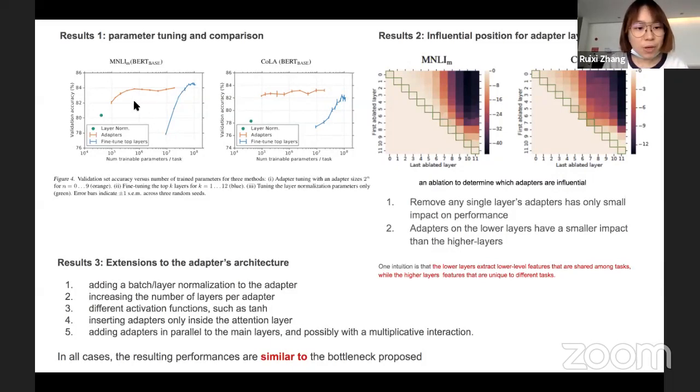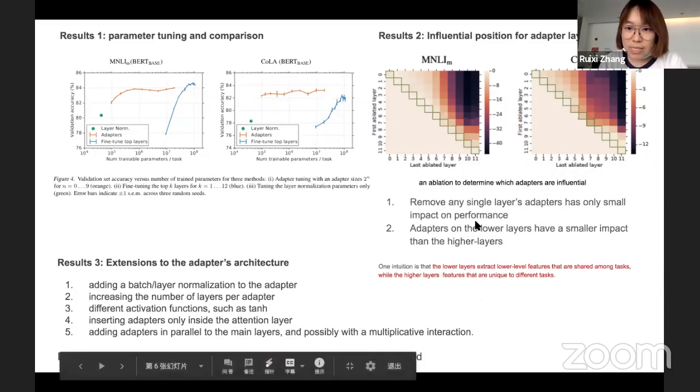For the adapters, even with a smaller number of trainable parameters, we can still have good accuracy. But for fine-tuning, we have to increase the number of trainable parameters to get good performance. We also specifically trained only the layer normalization, and as we can see, we don't get a good result.